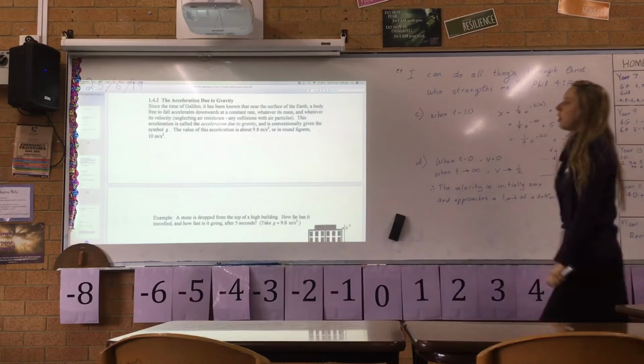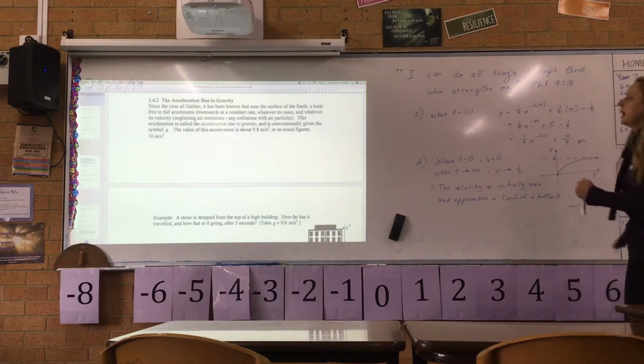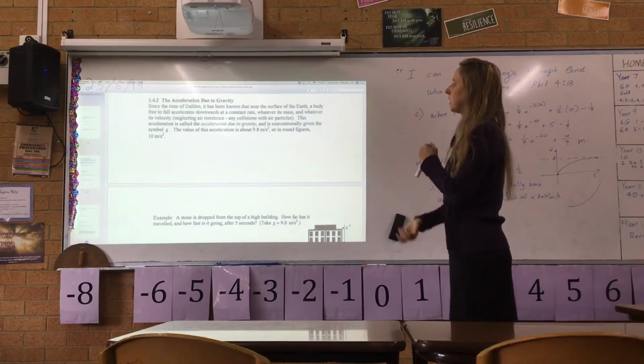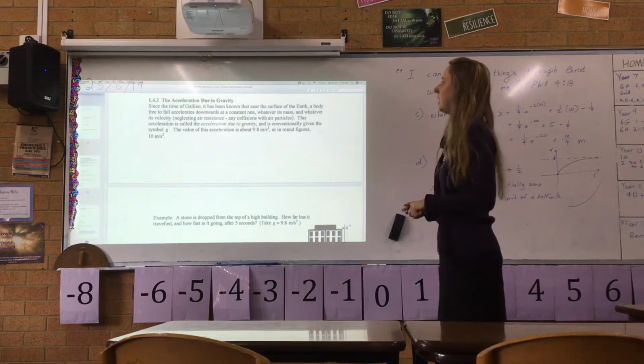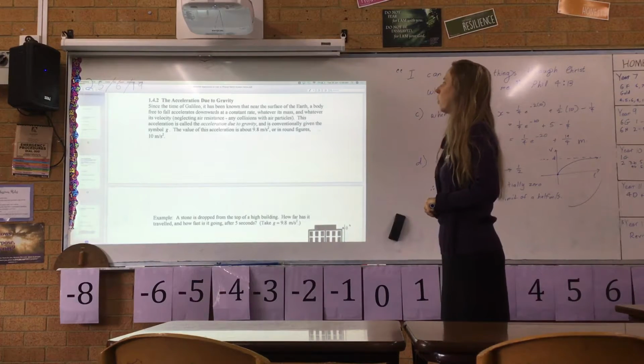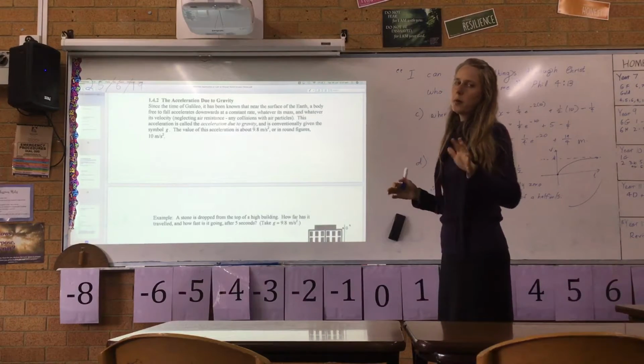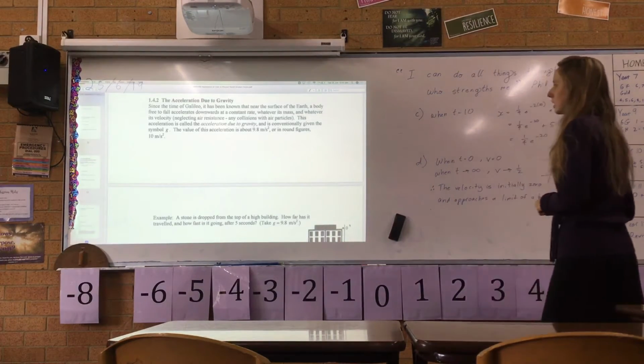Okay, so we know since the time of Galileo that near the surface of the Earth, a body accelerates downward at a constant rate, whatever its mass and whatever its velocity. And of course, we're not talking about air resistance and all those other things at the moment.